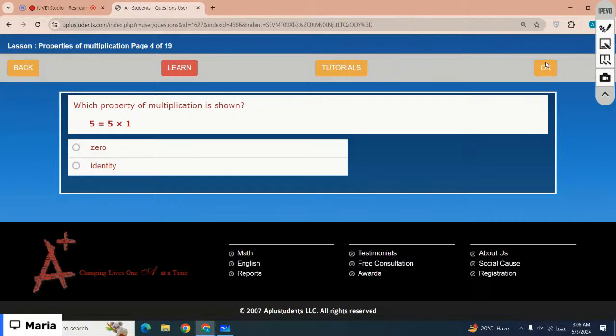So when you multiply a number with 1, the answer is always the same number. Whatever number you multiply with 1, the answer is exactly the same number. That is known as the identity property, right? The correct option is identity.